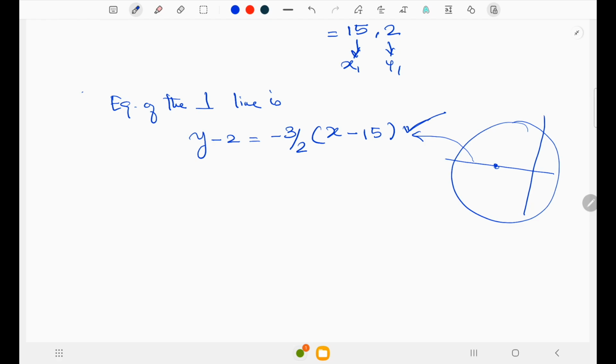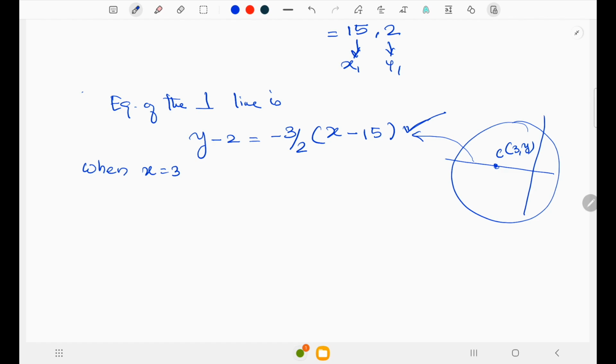From this perpendicular line equation, we substitute the x value and we can find the y value. So when x equals 3, already we know this center C has only one coordinate, x only; we need to find the y.